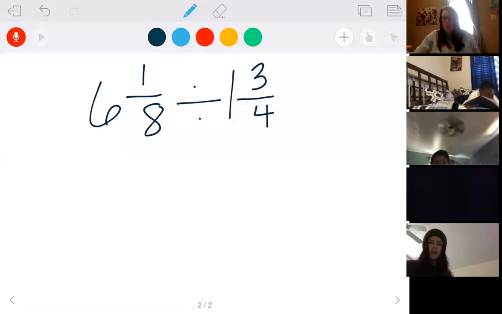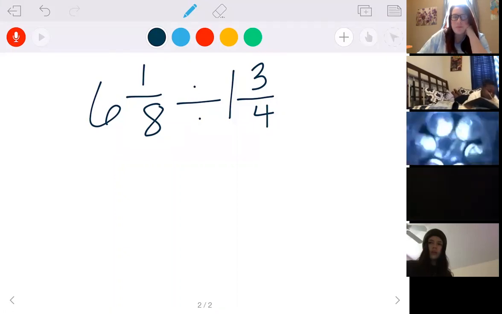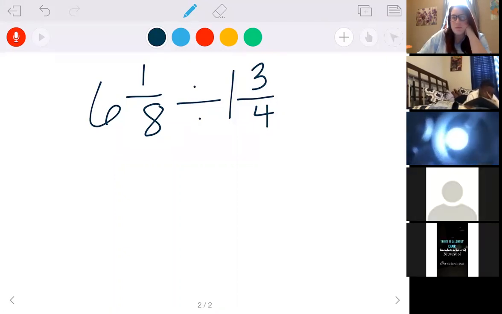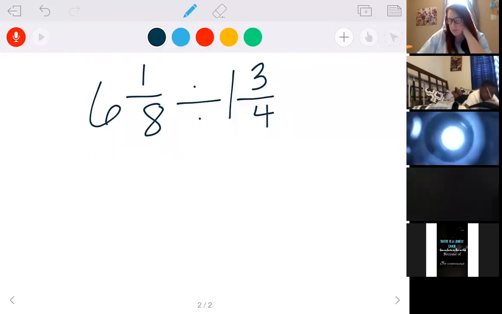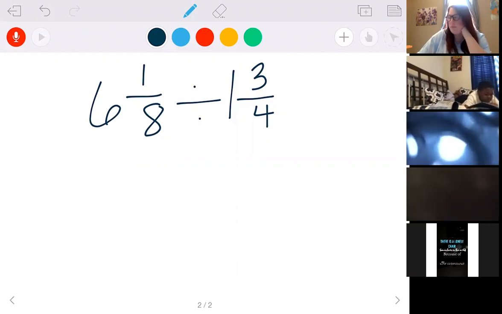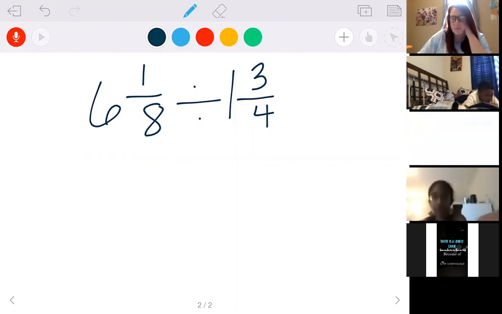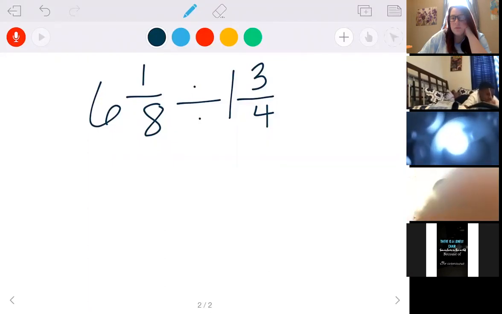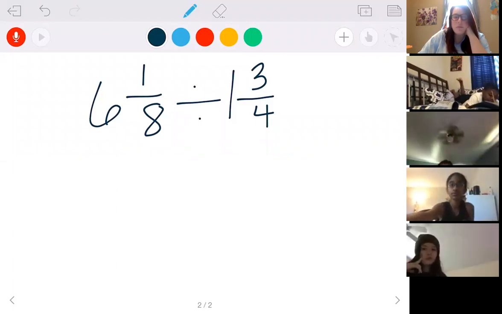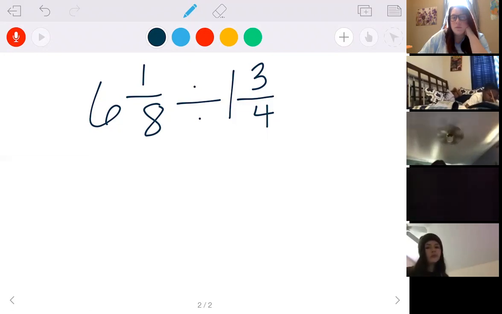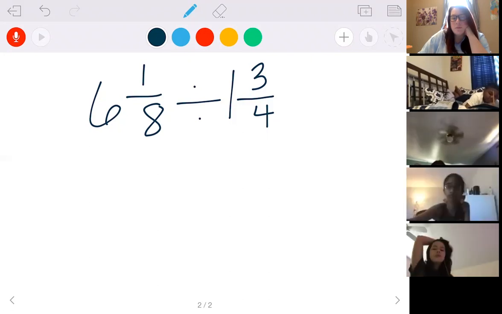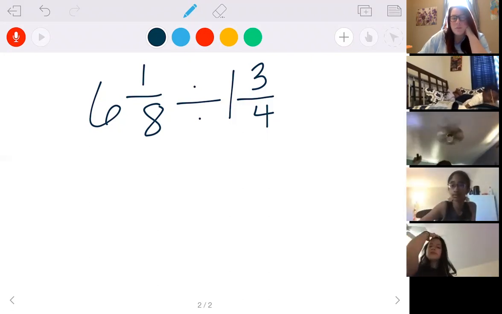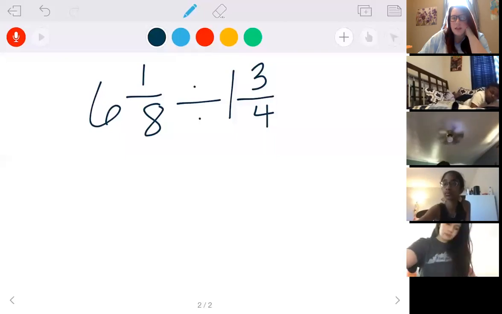This one basically takes all of the steps we've done and puts them all together. We'll give you one more minute to try on your own, then we're going to do it together.